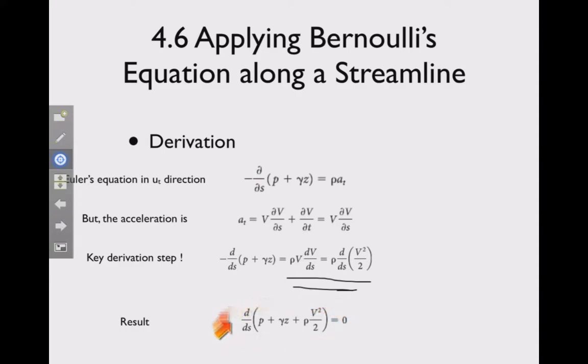This is looking very similar to the equation that we had before when we talked about piezometric pressure and piezometric head, except we have an extra term now. Note that to have dimensional homogeneity, all of these terms have to have units of pressure. And so this is called the kinetic pressure.